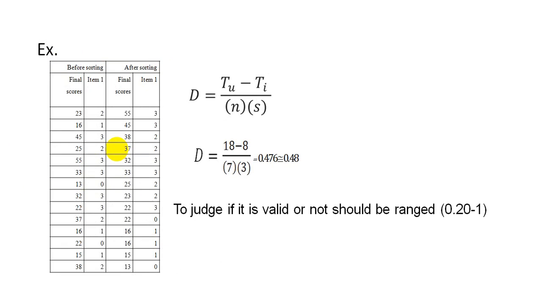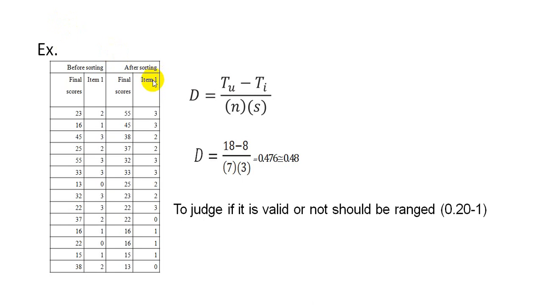Here we have an example. I select two items here: item 1 here, and here item 2, sorry, not item 1 but item 2, another item.